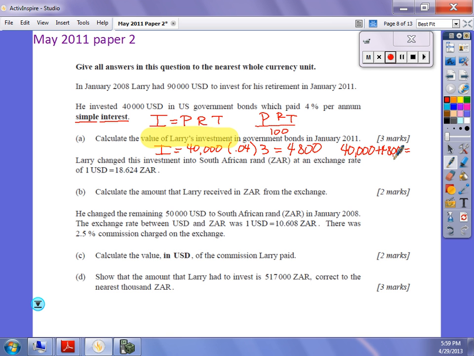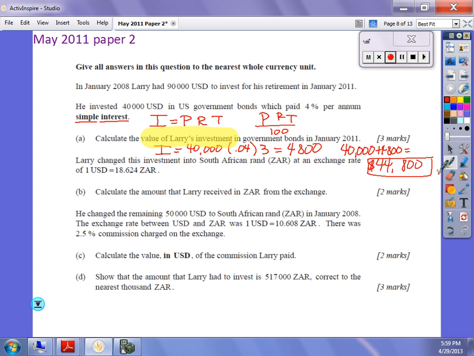So the answer that we're going to be looking for here is $44,800 US dollars. So we're going to put units on there because we want to make sure that we've got US dollars indicated. In fact, you're going to lose a point if you don't have a dollar symbol or write USD at the end.